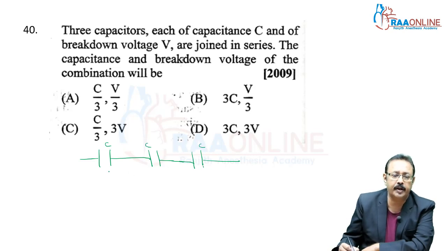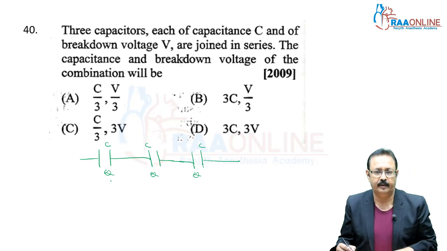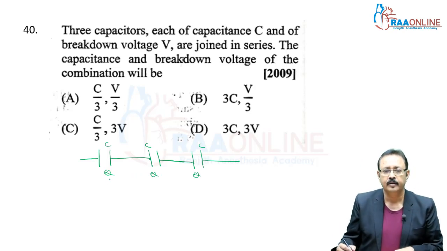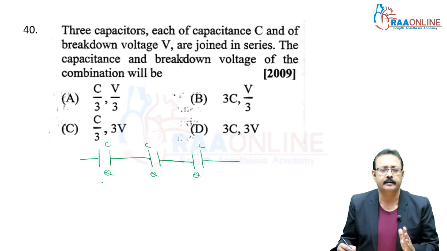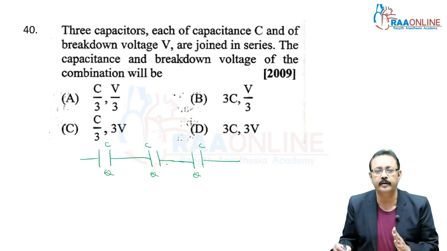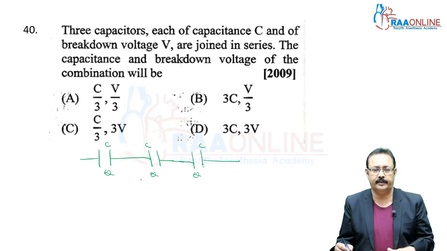In a series, charge is also the same. It means they will get an equal amount of potential. So if you supply 3V, each will receive V volt and it can hold V voltage. It is its breakdown voltage.